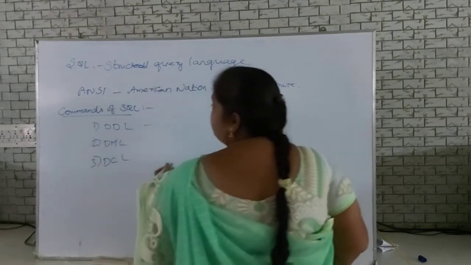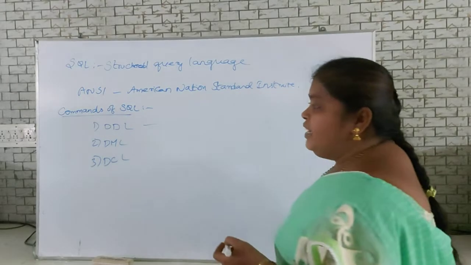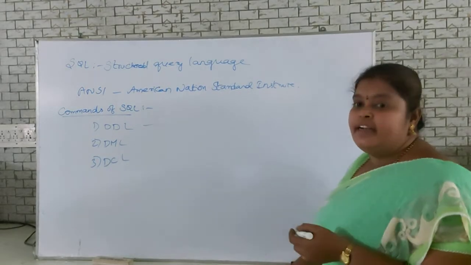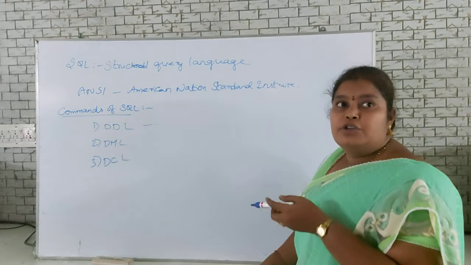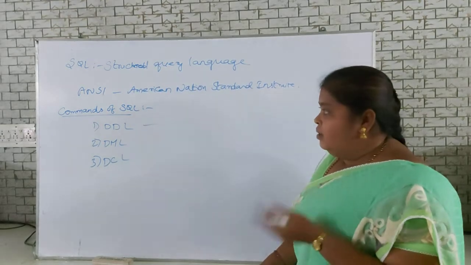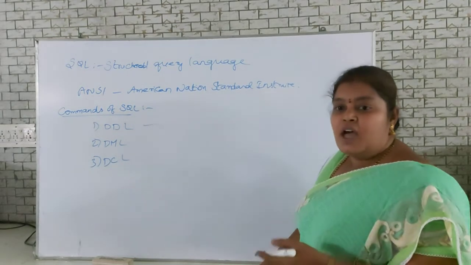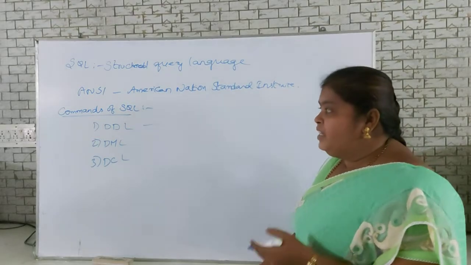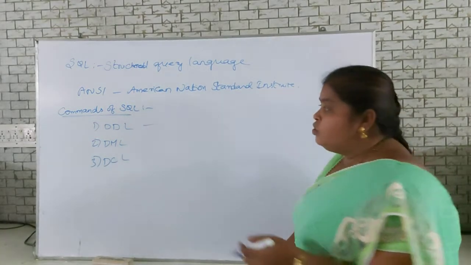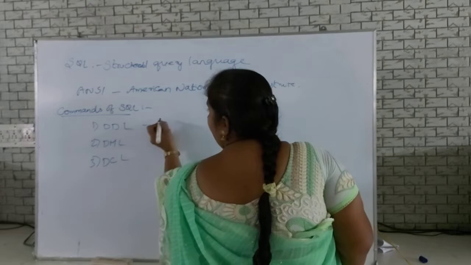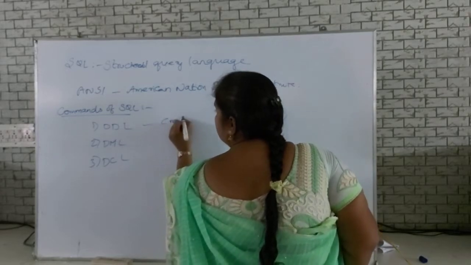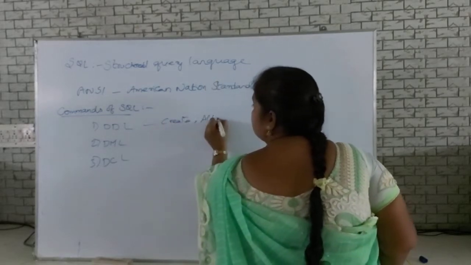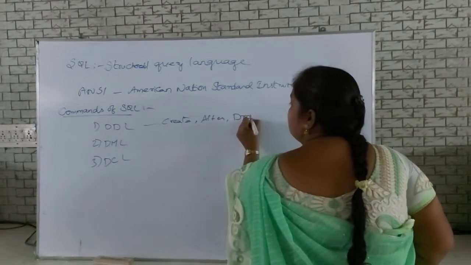DDL is called data definition language. It is used to create the database, and to insert, update and alter the data. The commands used in DDL are create, alter, drop, and truncate.